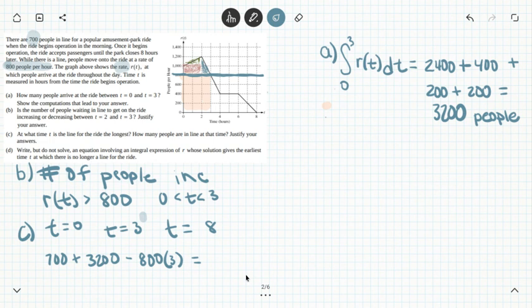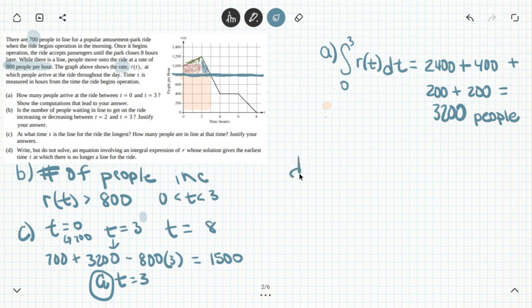So we know that there are 1,500 people in the line. So at time 0, we have 700. At time 3, we have 1,500. And at time 8, which is the only other possibility, we know that the rate is way below the 800, so we know we have a lot less than 700. So this would be our final answer: at t equal 3, there are 1,500 people in the line.